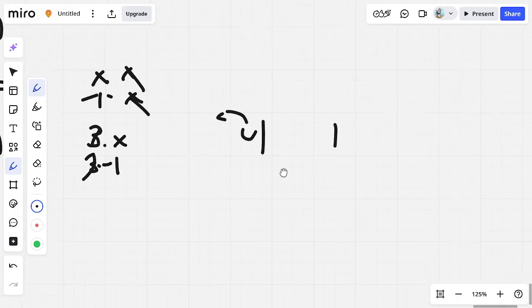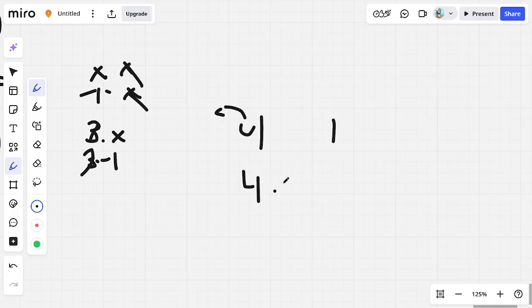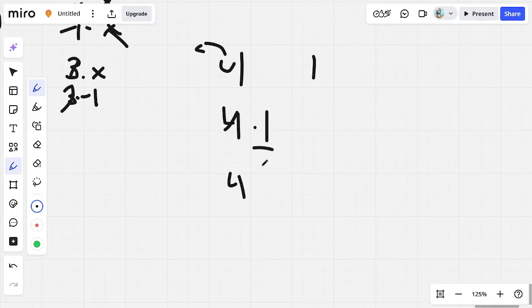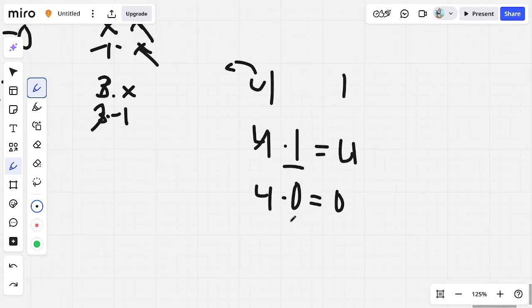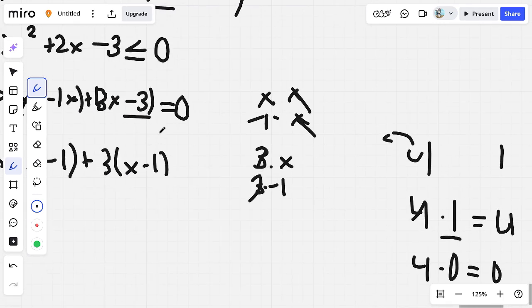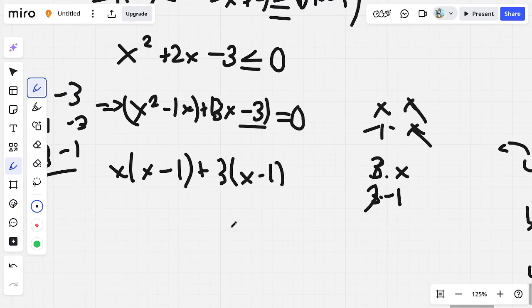You will be left with 1, because 4 times 1 is 4, but 4 times 0 is 0. So there is an invisible 1, not an invisible 0. That's just a common misconception people make.